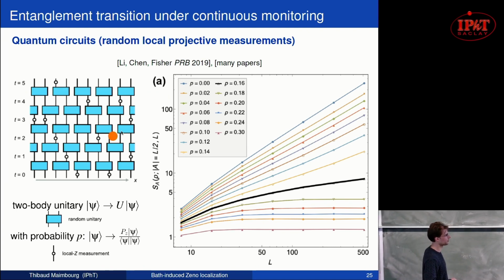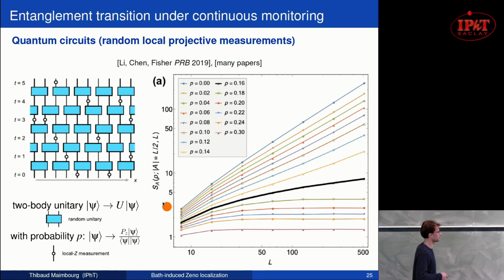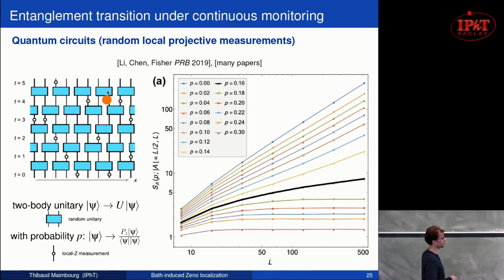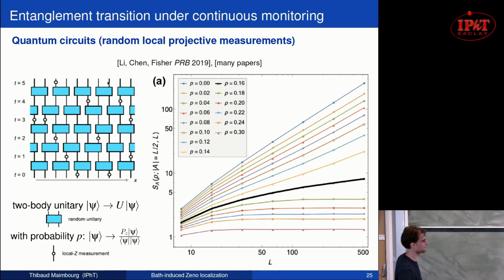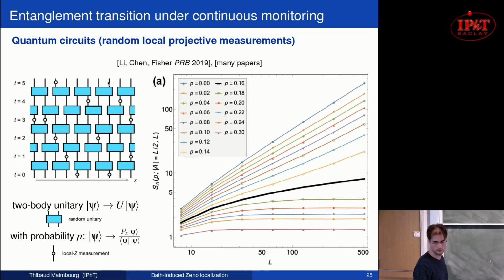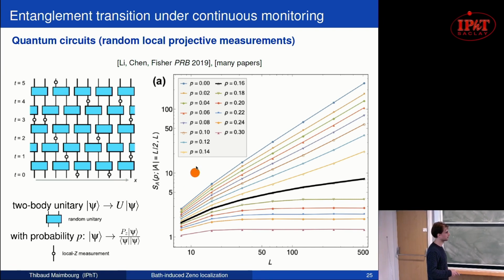While at high probability, a large number of measurements, you see something that is not extensive at all, and you have a critical transition here, which is of the percolation type, because you can see some kind of percolating process due to the measurements that are separating the evolution of the system. The plot is a real numerical simulation with 500 sites. Yes, but there is also a theory for the critical point, which tells you that everything is like percolation.